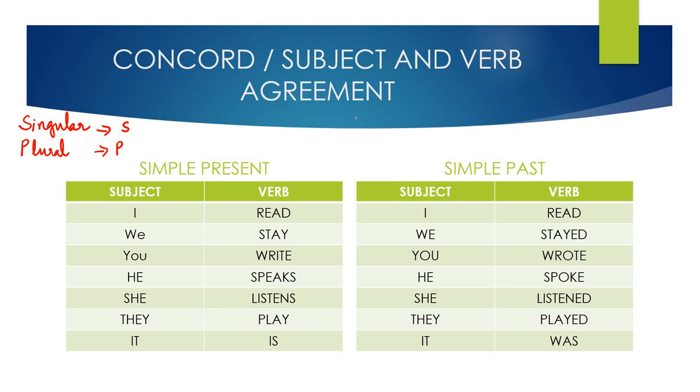There is a rule that we must keep in mind when we have to learn the concord. The rule is this simple. Whenever a sentence starts with I or a sentence starts with you, it should be followed by a plural verb.